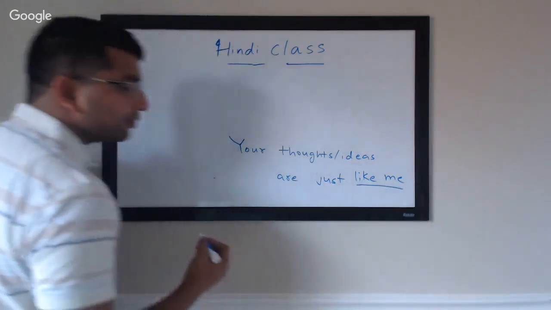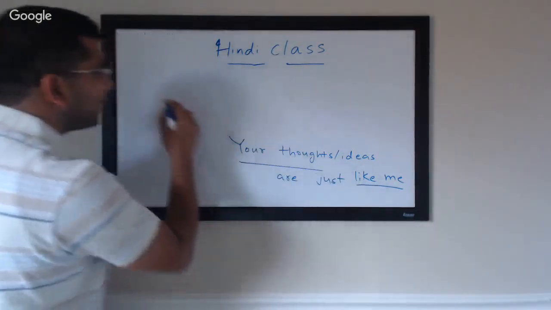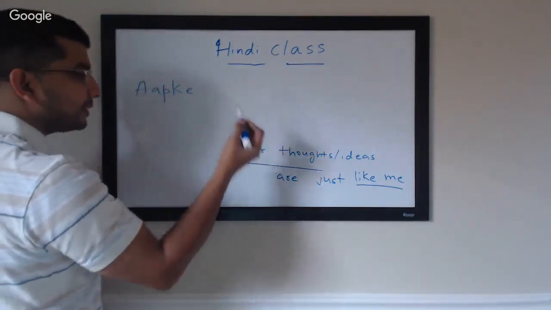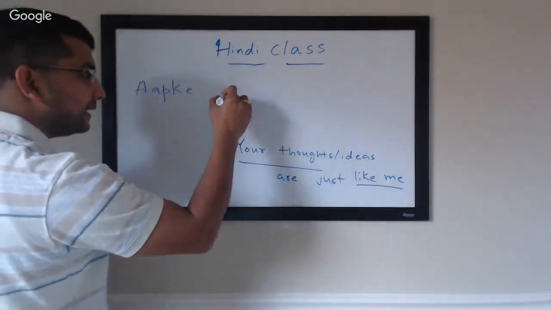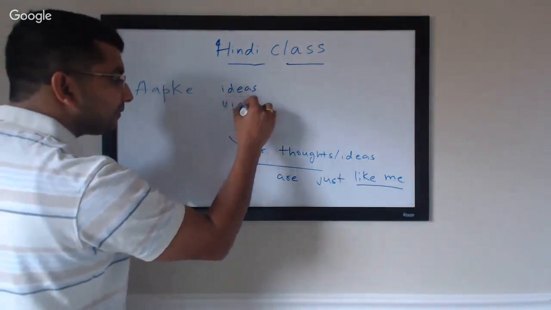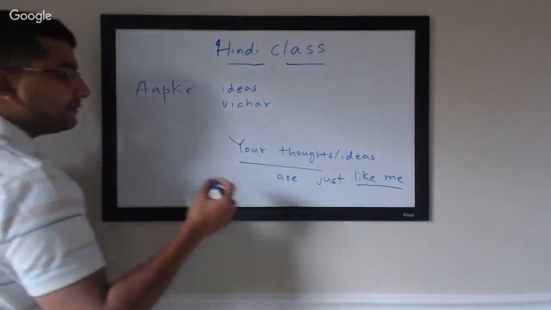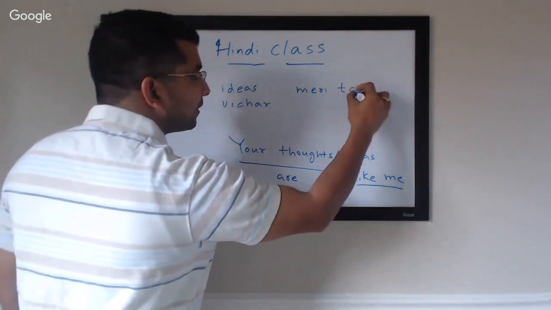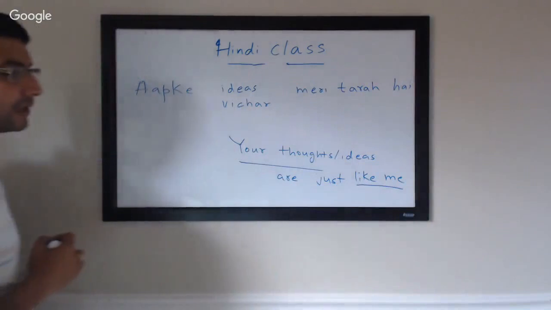So like me, as you know, would be मेरी तरह है. Your thoughts, आपके. If you don't know the vocabulary word, you can say आपके ideas, using the English, or you can say आपके विचार. विचार is the Hindi word for ideas. आपके विचार मेरी तरह है.